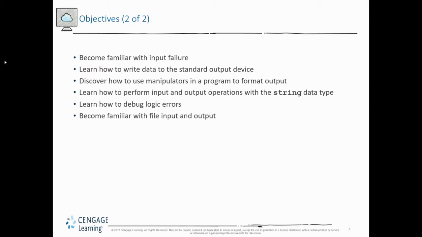Discover how to use manipulators in a program to format output. We're going to be using quite a few manipulators in this chapter, and to use them, I think I already mentioned that we'd be using #include iomanip, okay? With #include iomanip, we can have some functions that are built in, so that we can have fixed decimal types.